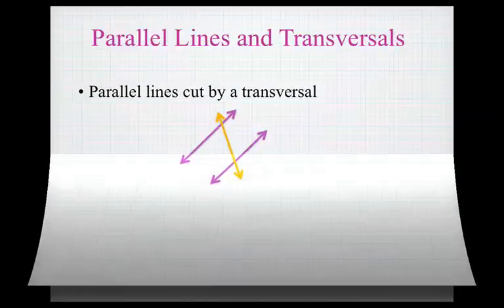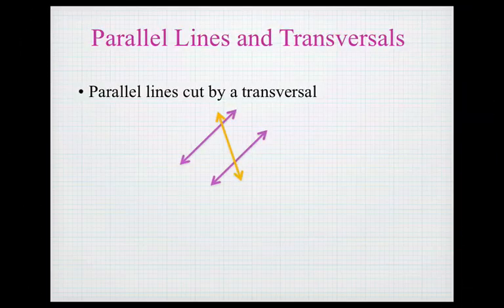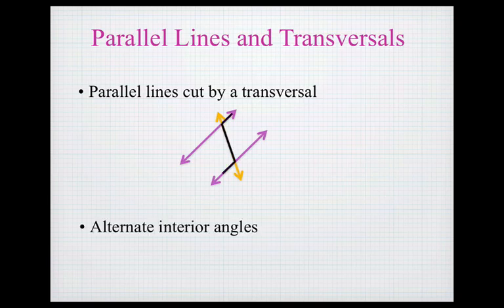If you have two parallel lines and another line that cuts across them, that third line is called a transversal because it transverses, or cuts across, the two parallel lines. Alternate interior angles are two angles on the inside of the parallel lines on alternate sides of the transversal.